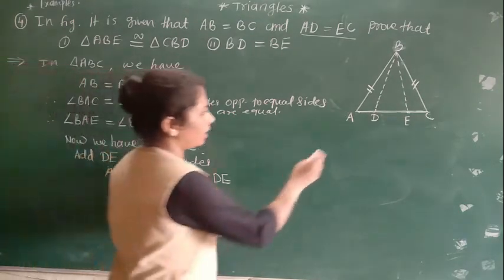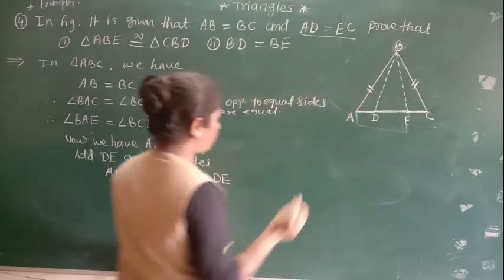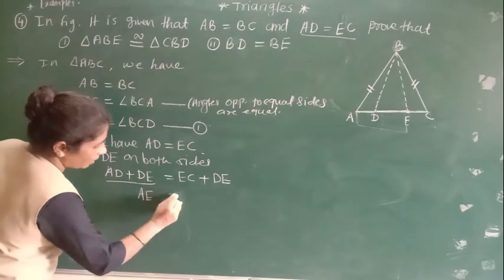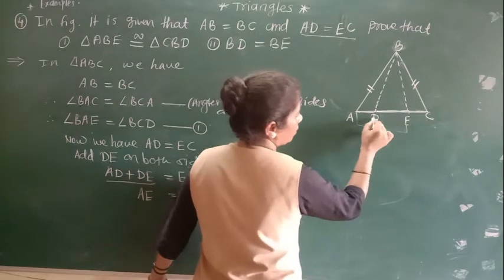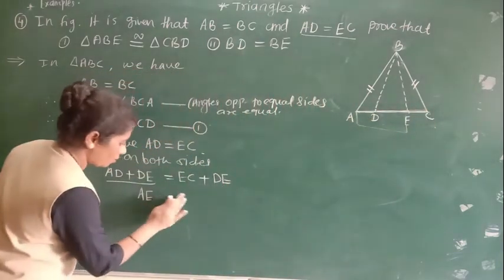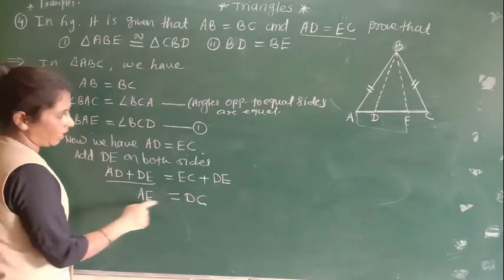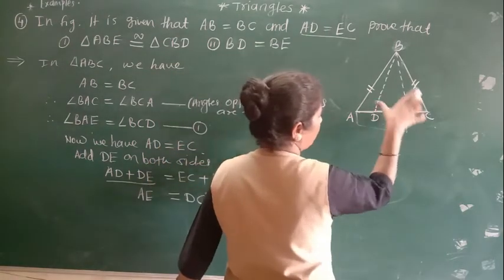AD plus DE gives AE, so AE equals EC plus DE, which gives DC. So we have got AE equals DC.